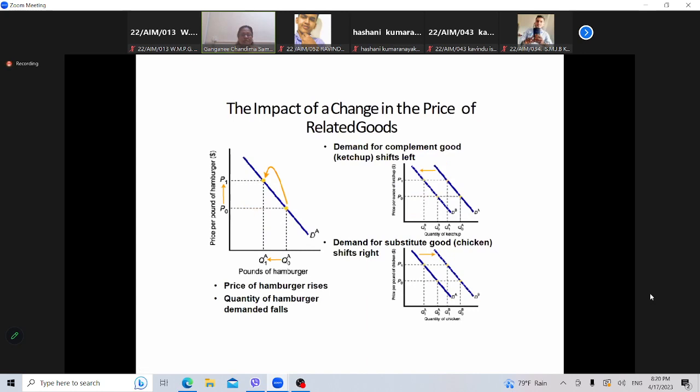Then you can see the related goods, complementary and substitutes. In complementary goods, you can see shift left. Demand is reducing when price is increasing. But for substitutes, shift right. When the price of one good is high, the demand for the other good is also high.